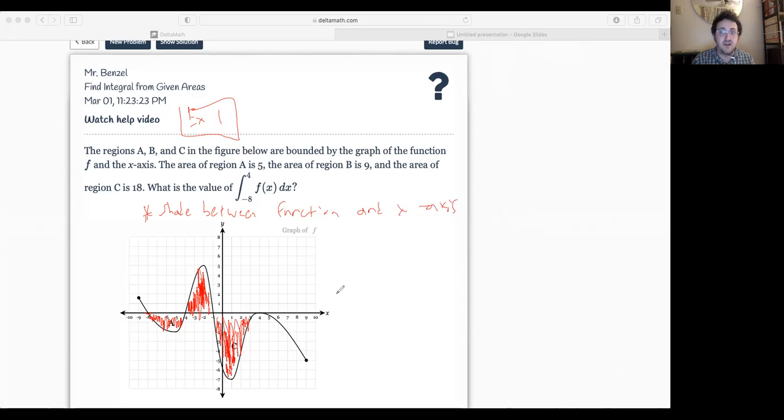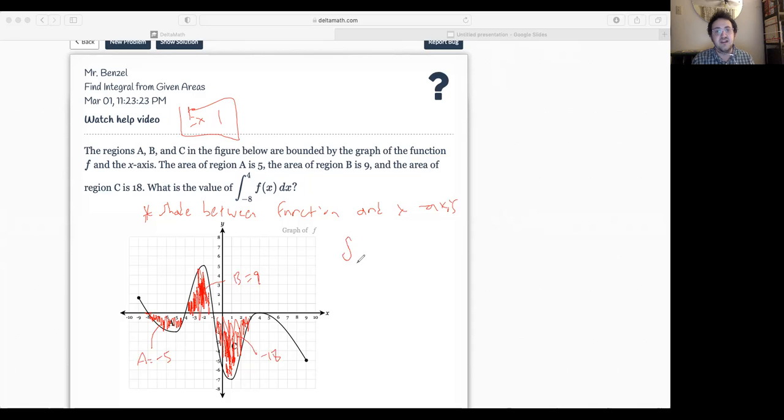And it's asking, what is the value of the integral? The area that's below the x-axis, it gives us that A is equal to 5. So I'm going to say that A is -5 because it is below. B is 9. And then C is below the x-axis again, so we're going to say -18.